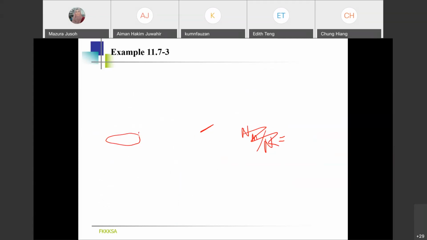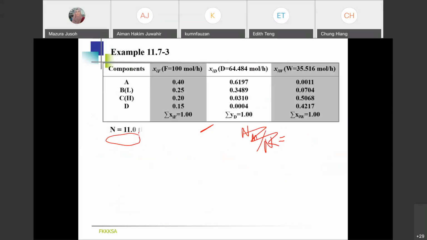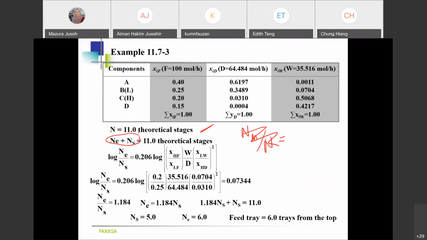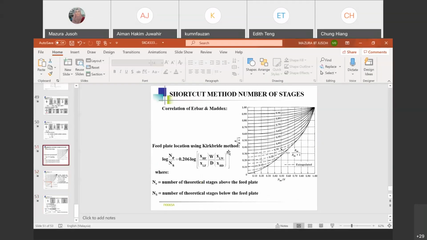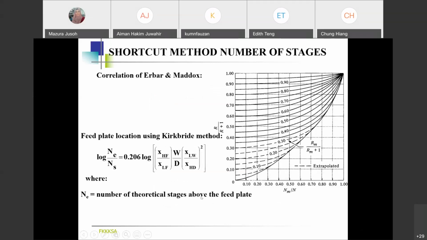If you look at this definition, NE is the number of trays above the feed plate. NS is the number of stages, not trays, stages below the feed plate.